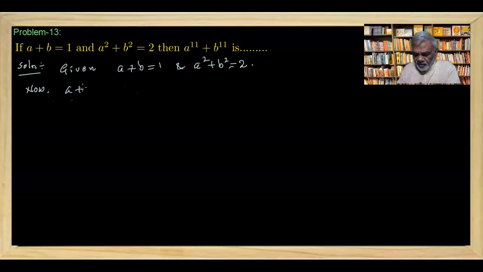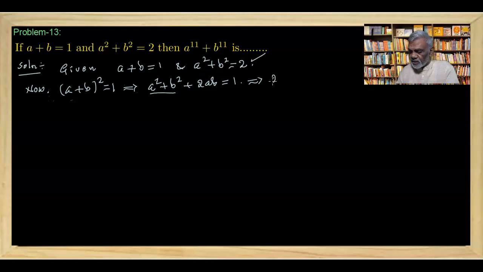a plus b whole square is equal to 1, and this implies a square plus b square plus 2ab equal to 1. Now, from this, I can write down a square plus b square is equal to 2.